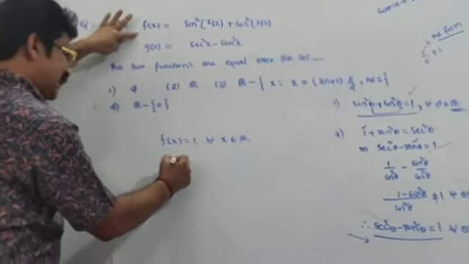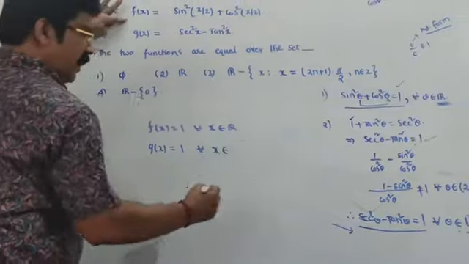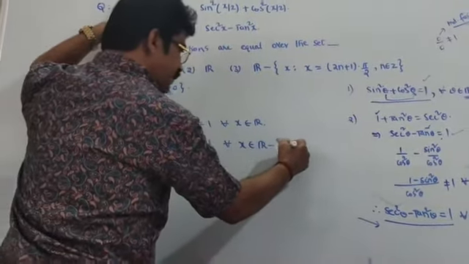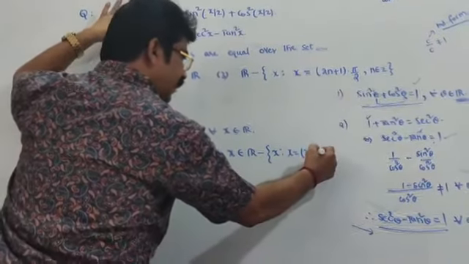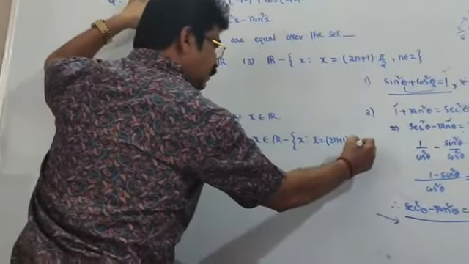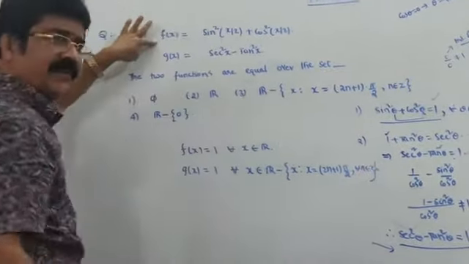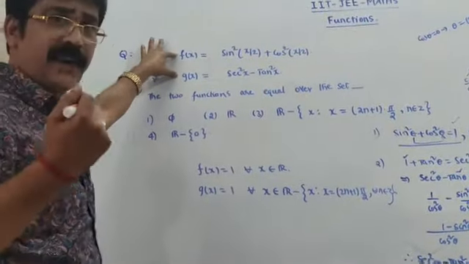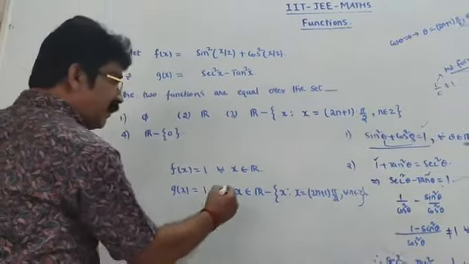G of x is also equal to 1, but for all x belongs to any real number except x equal to odd multiples of pi by 2, for all n belongs to Z. For two functions we have to find the common domain. What is the common domain?